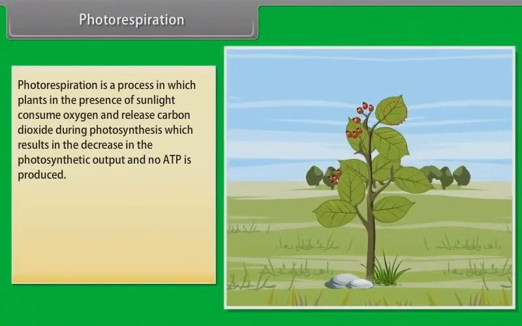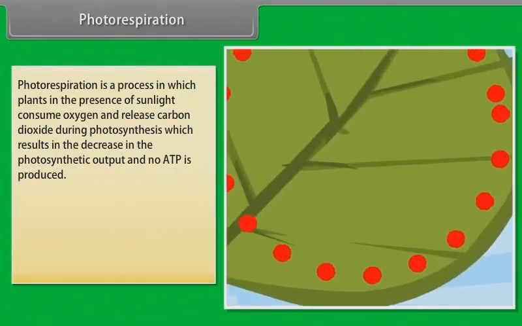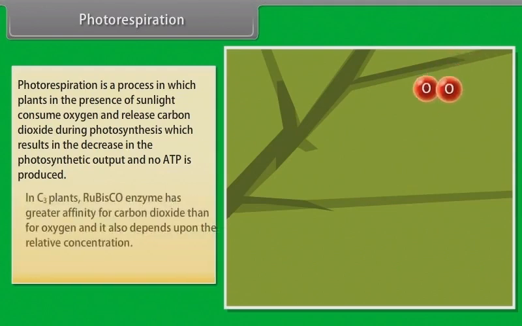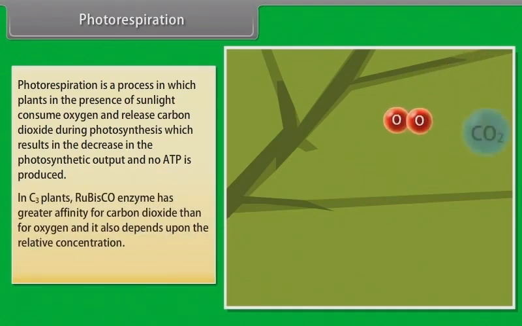Photorespiration is a process in which plants in the presence of sunlight consume oxygen and release carbon dioxide during photosynthesis, which results in a decrease of photosynthetic output, and no ATP is produced. In C3 plants, the Rubisco enzyme has greater affinity for carbon dioxide than for oxygen, and it also depends upon the relative concentration.